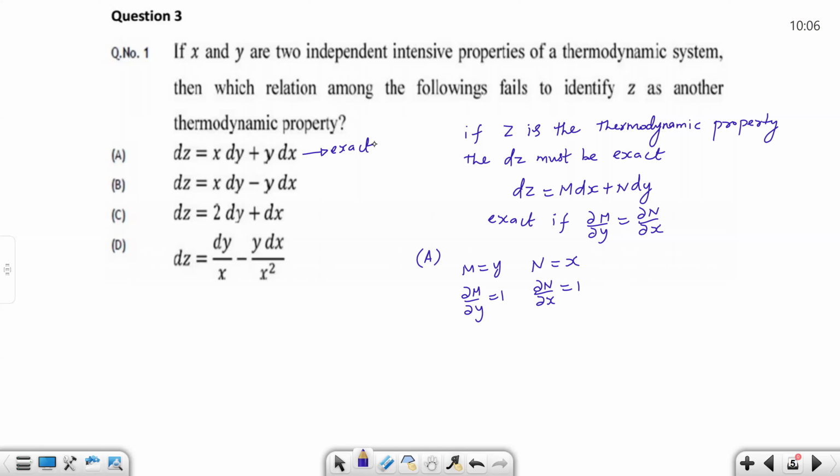Now come to the second, B. So here M equal to minus y, N is equal to x. So here dou M by dou y is not equal to dou N by dou x.